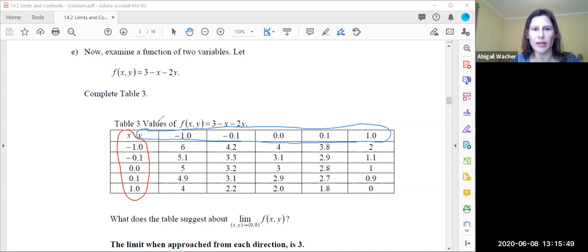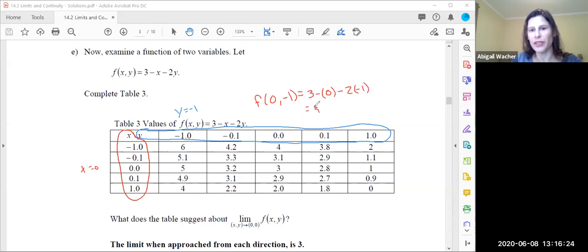So let's, I'll just do one computation. So let's do this one, for example. So let's say that's x equals 0, and then what is that, y? So x equals 0 and y equals minus 1. And so you would calculate f of 0, minus 1 is equal to 3 minus x, so x is 0, minus 2 times y, but y is minus 1.